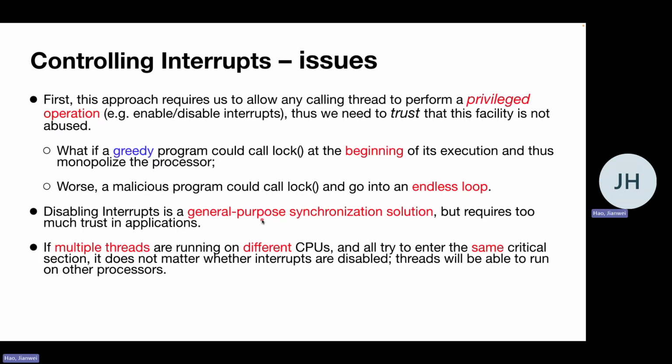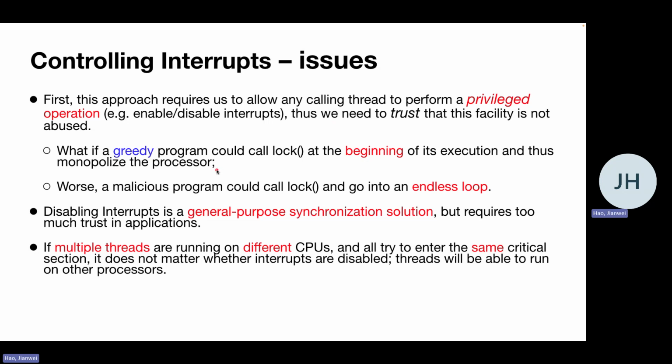And there are some issues with controlling interrupts. First, this approach requires us to allow any calling thread to perform privileged operations, for example, enabling and disabling the interrupts. Then we need to trust this facility is not abused, which means if a program is very greedy, it could call the lock at the beginning of the execution and then monopolize the processor. That would be very greedy, right?